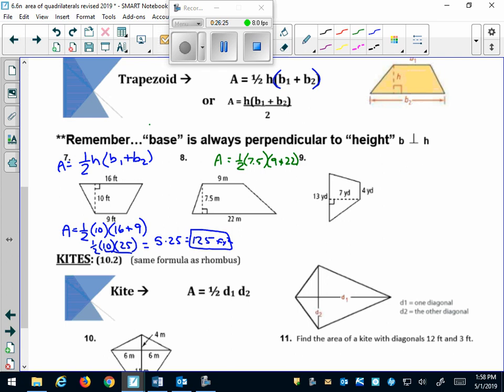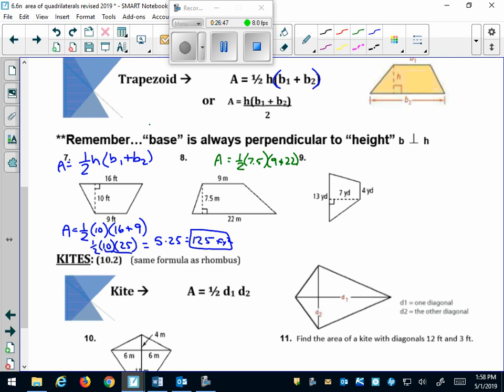Now, this is for credit on the test, but you should still do this on your homework, even though it's not being turned in for a grade, right? Because if you get something wrong, it's so much easier to find where your mistake was if you have that at least filled in.